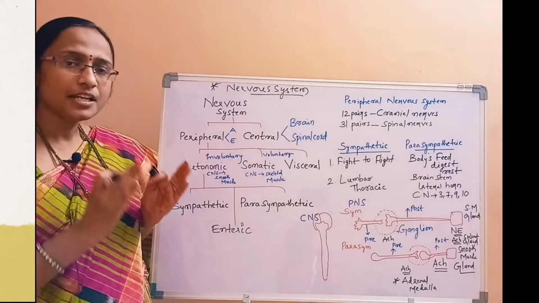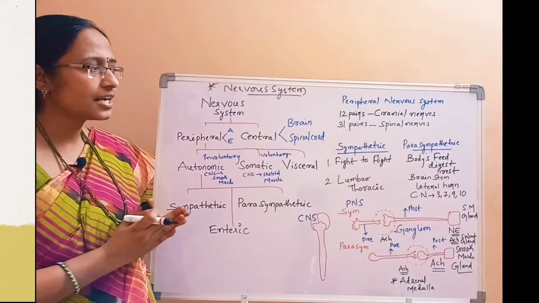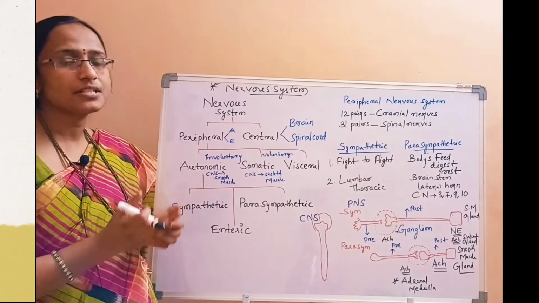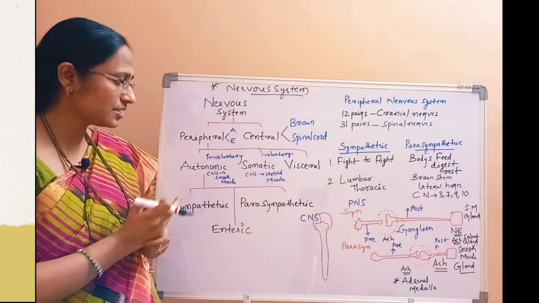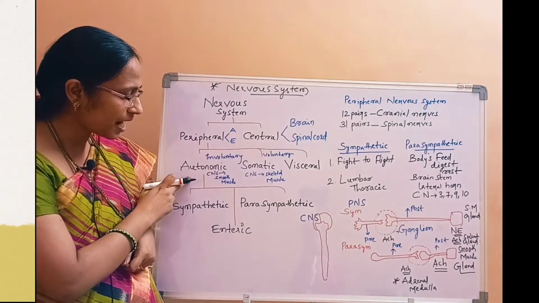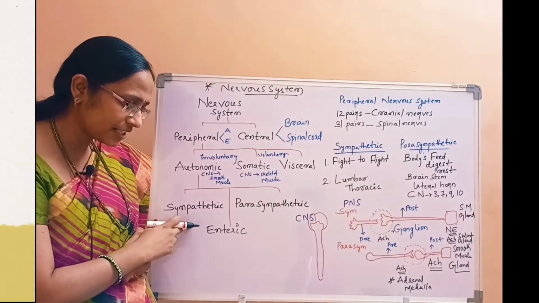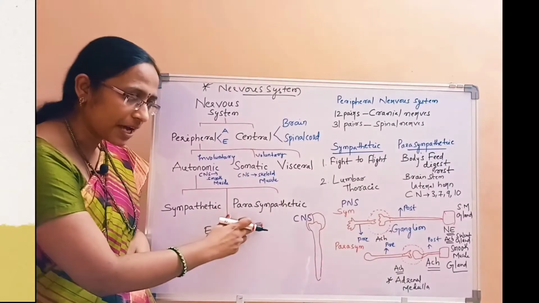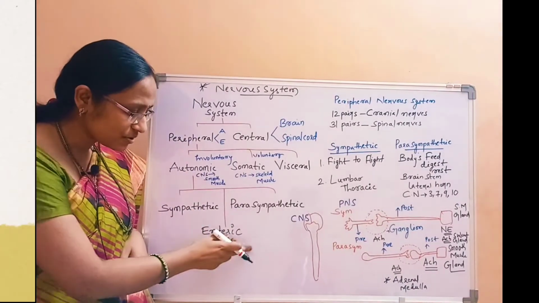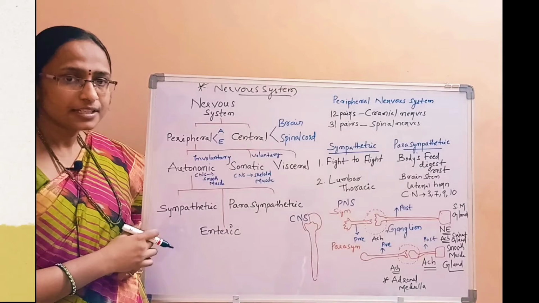Then the very next important thing we should understand is what the sympathetic nervous system is and what the parasympathetic nervous system is. These two are a part of the autonomic nervous system. The autonomic nervous system is further divided into sympathetic, parasympathetic, and one more, the enteric nervous system.